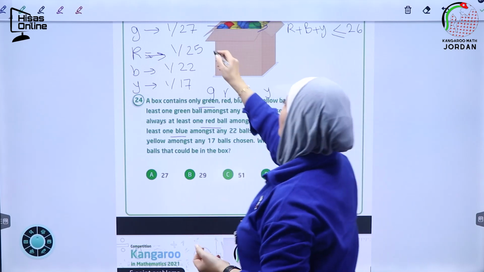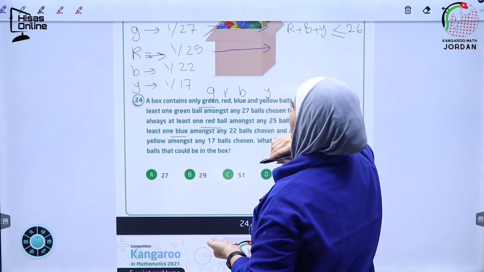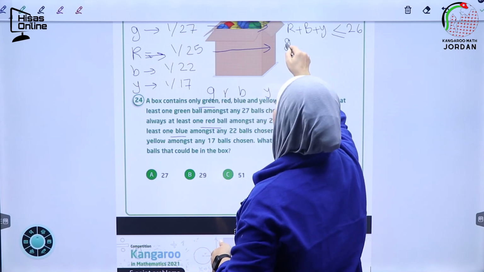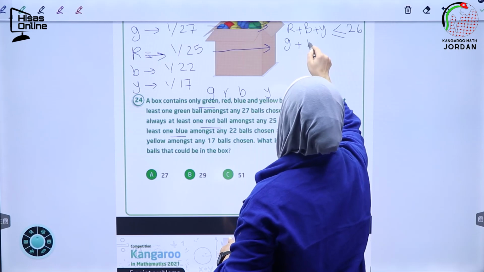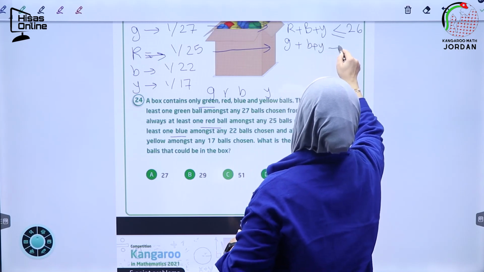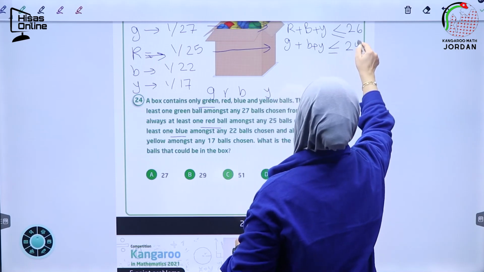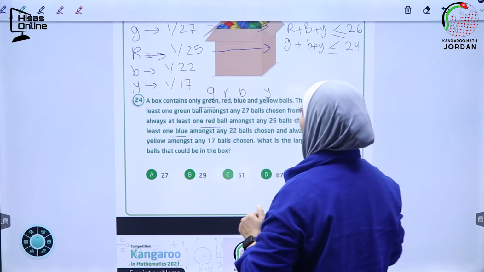If I exclude the red, I will have green plus blue plus yellow less than or equal to 24, because I took 1 red ball.